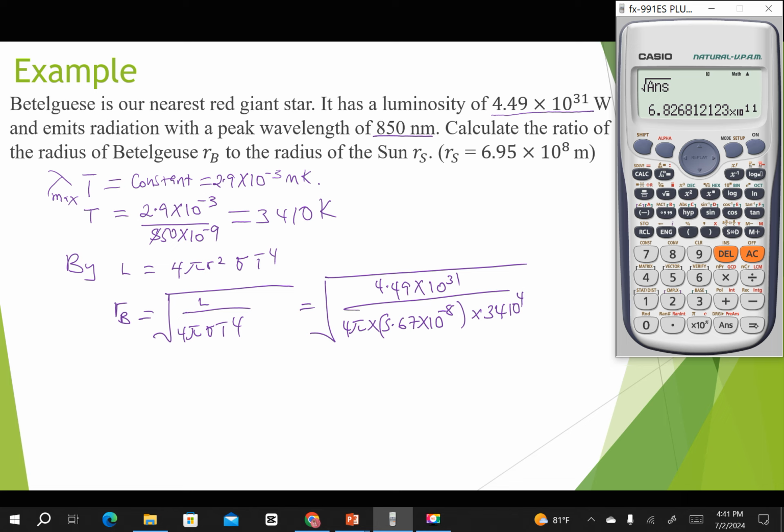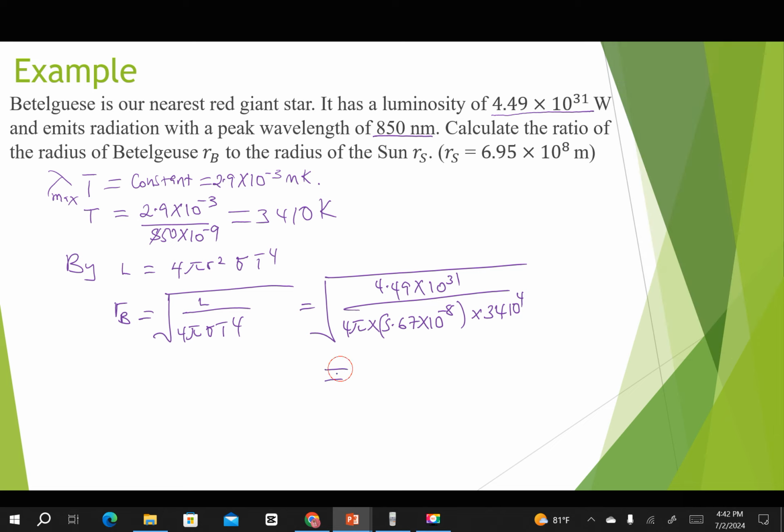And I'm getting 6.83 times 10 to the power of 11. Since this was given to 3 significant figures, I'll also write that to 3 significant figures. So this is 6.83 times 10 to the power of 11 meters.